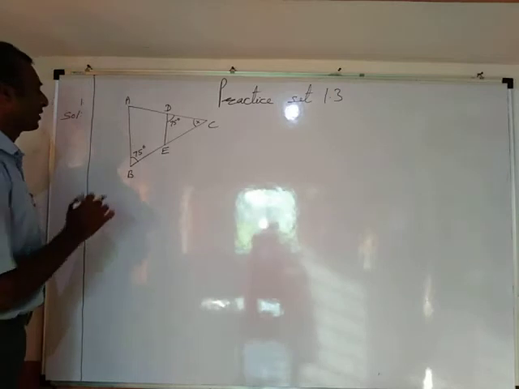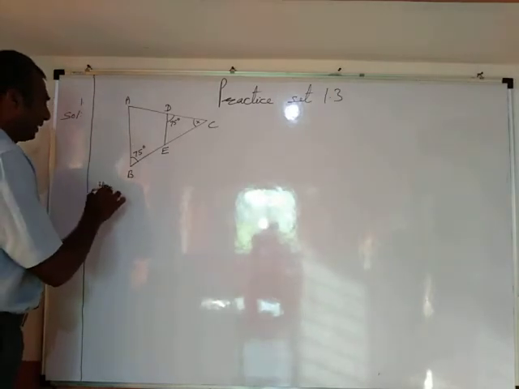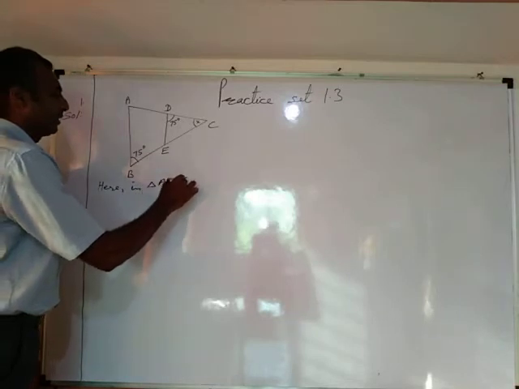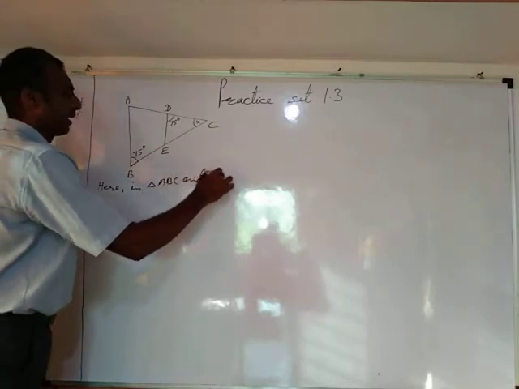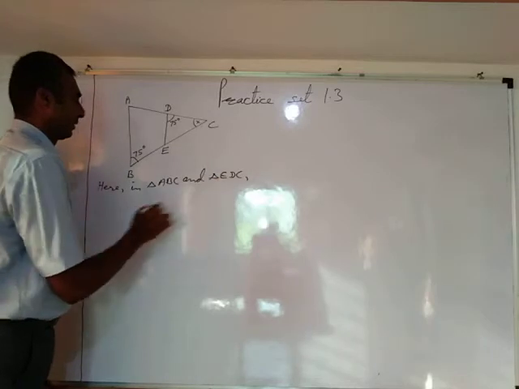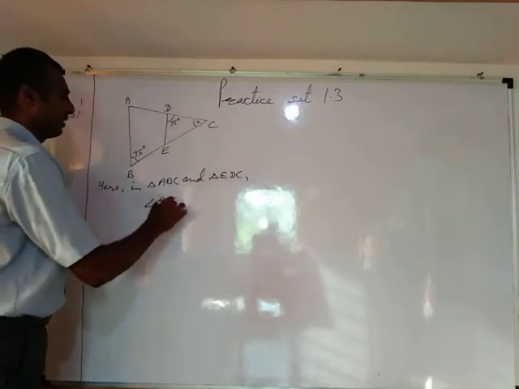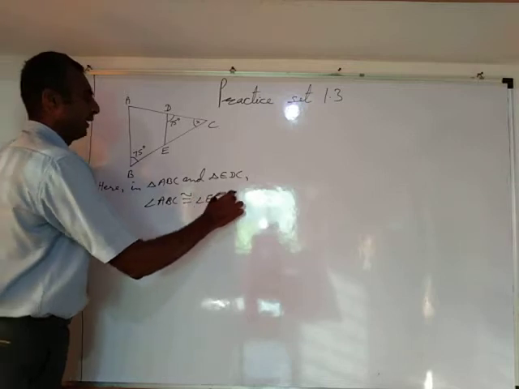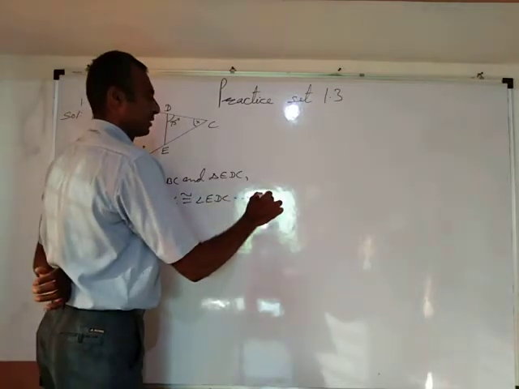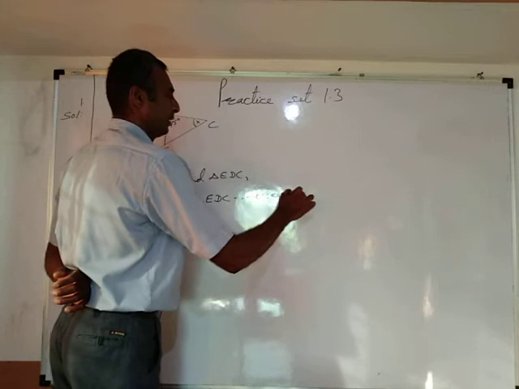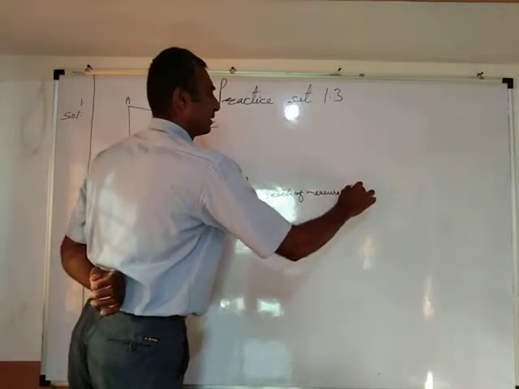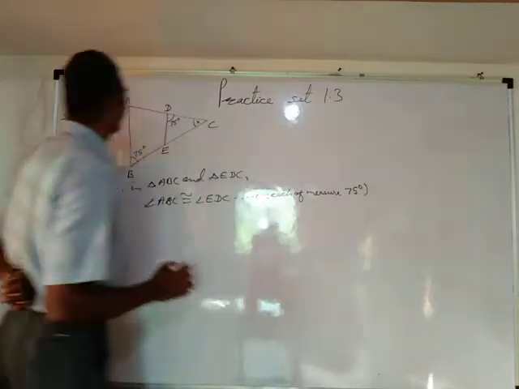Okay, let's mention here. In triangle ABC and triangle EDC, angle ABC is congruent to angle EDC, since each of measure 75 degrees.